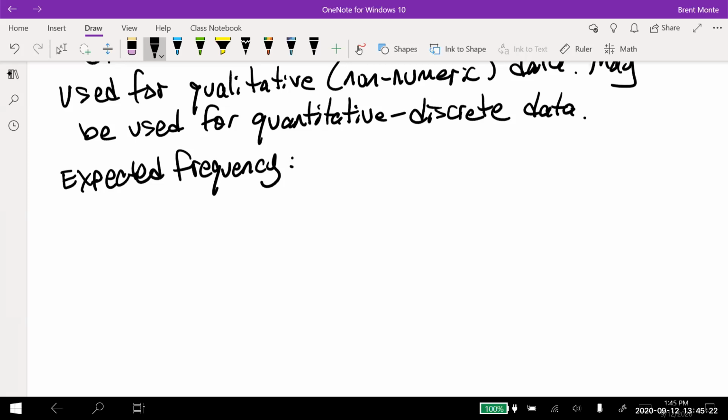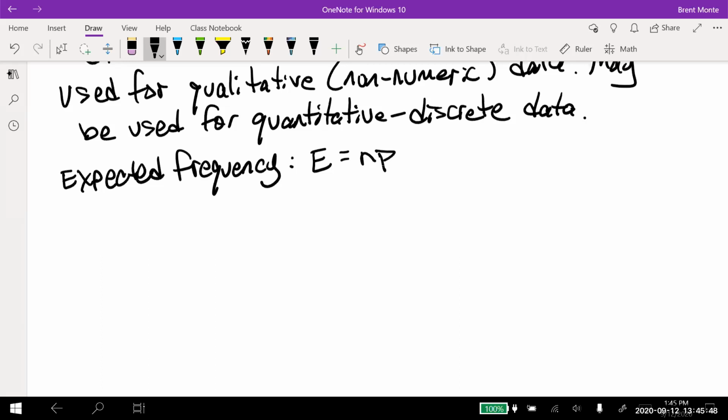We're just going to multiply that percentage times the sample size to get how many we would expect from our sample to be green. So the expected frequency, E, is just the sample size N times P. It's the same thing we were doing last time when we did X equals N times P. That's how many we would expect to see in each category.